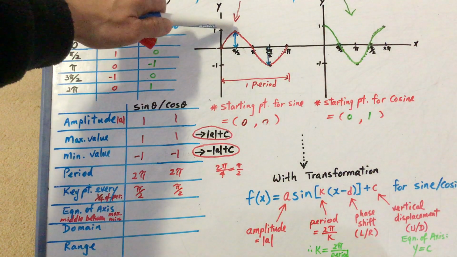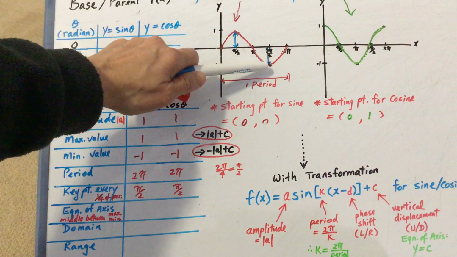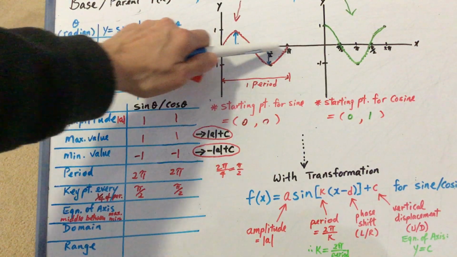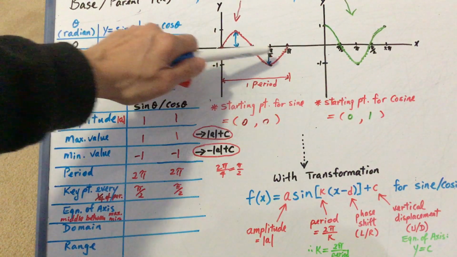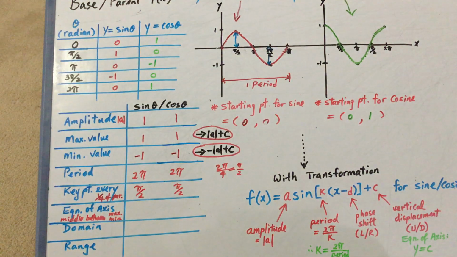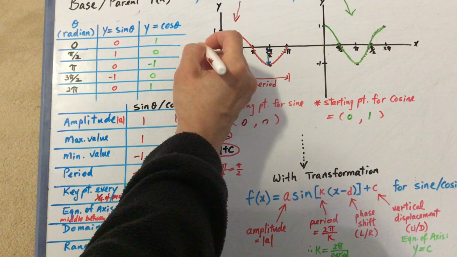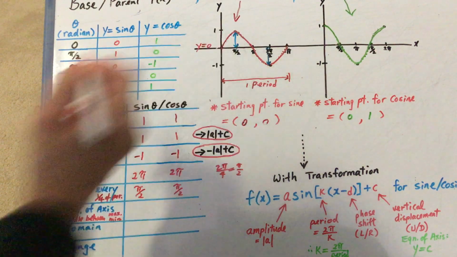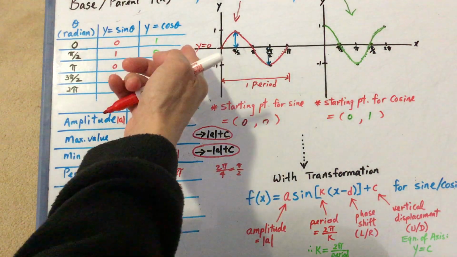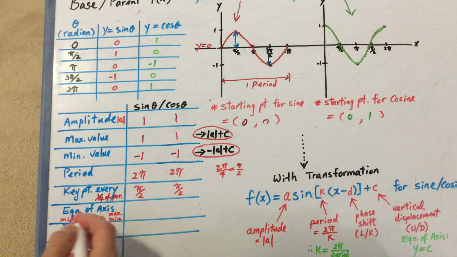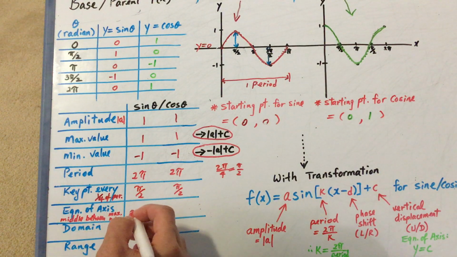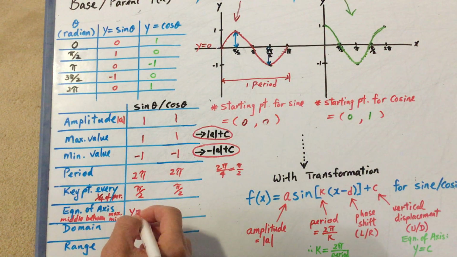If you look at the max over here for the sine, and this is the min, the middle, this horizontal line, will give you the equation of axis, and this middle line will have the equation y equals 0. Because an equation of an axis means this is an equation, right?